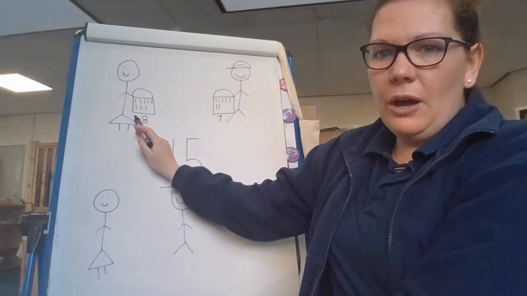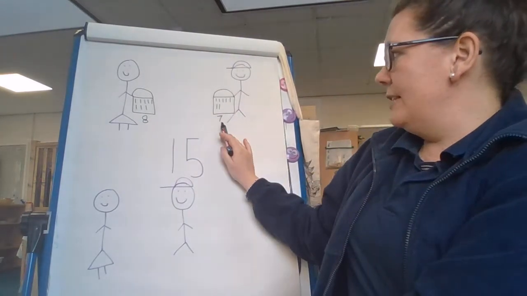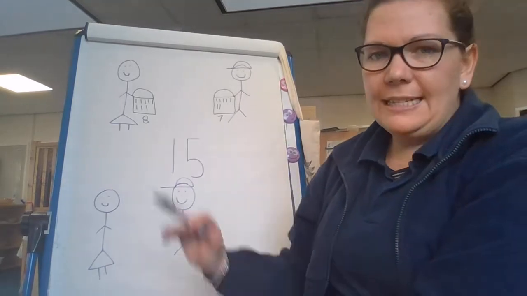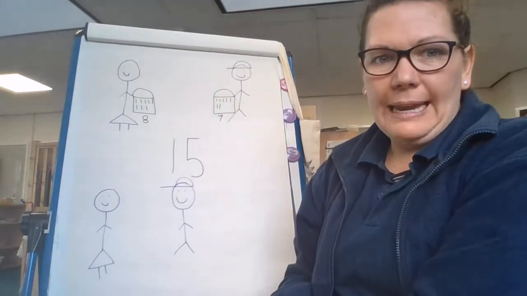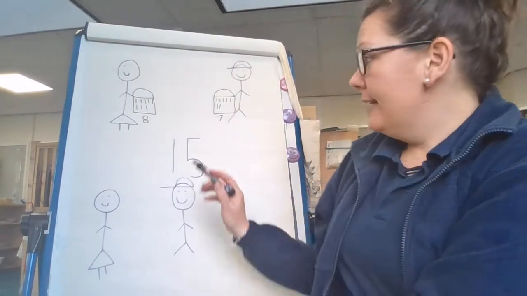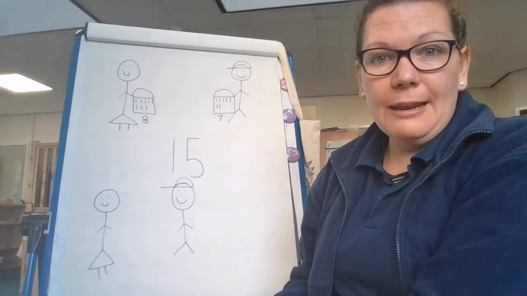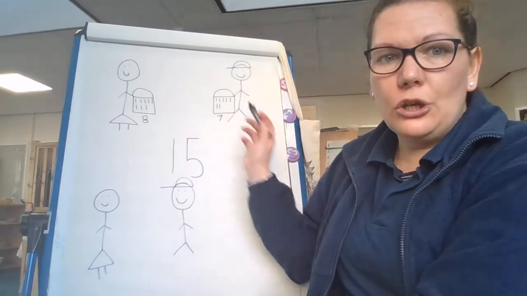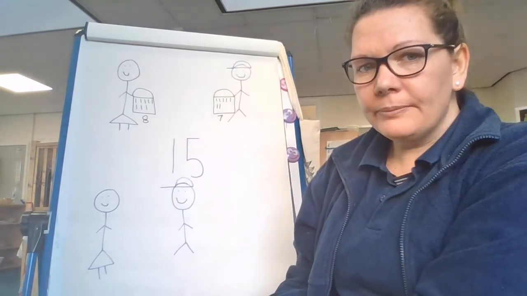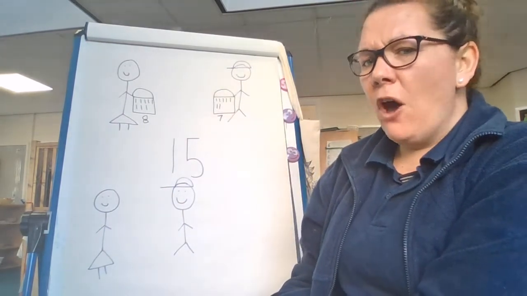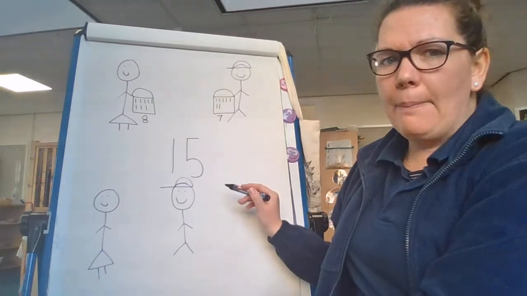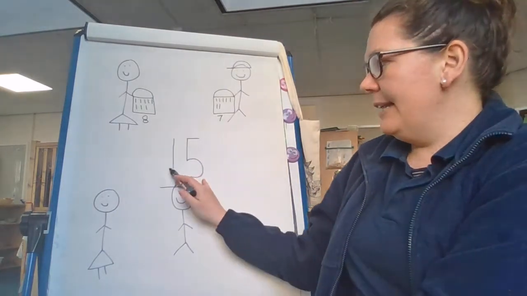So this little girl's got 8. This little boy's got 7. Have we divided 15 equally? We haven't, have we? So 15 is an odd number, just like 13, because it can't be divided into two equal groups.